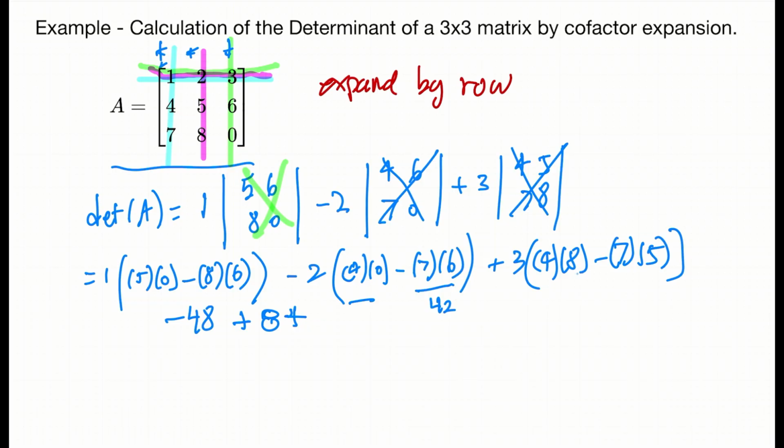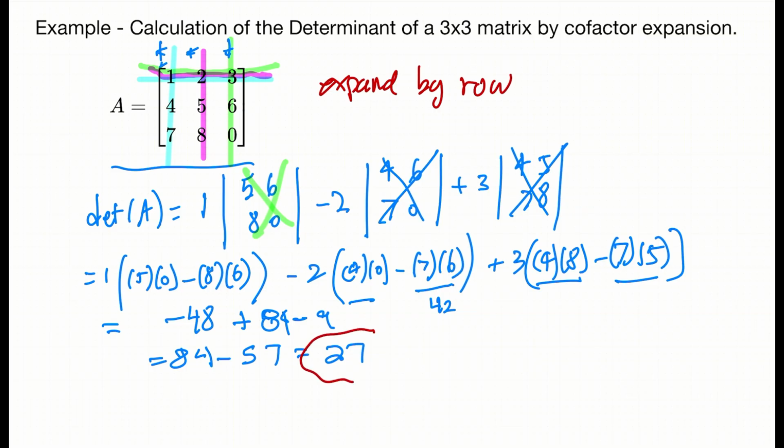The last term here is going to be 4 times 8, 32, minus 35, so that is going to be minus 3 times 3, and that is going to be minus 9. So we got 84 minus 9, so that's equal to 84 minus 57, and that's 27. So that is our determinant.